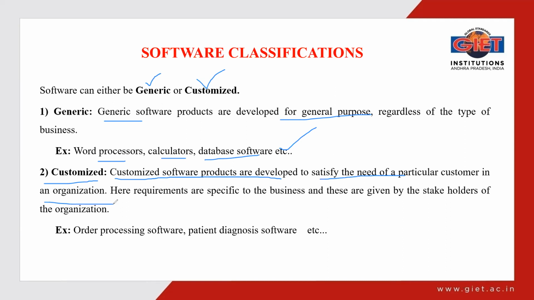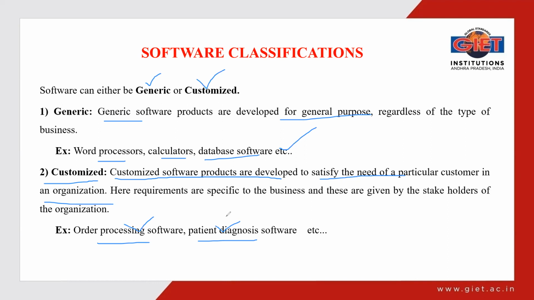For example, order processing software. If you go to Reliance Supermart or some DMart, there will be order processing software. It is meant only for that company, for that organization's purpose. It is not for general purpose. Another example is patient diagnosis software, which detects the disease of a patient. That software is also not useful for general purpose.